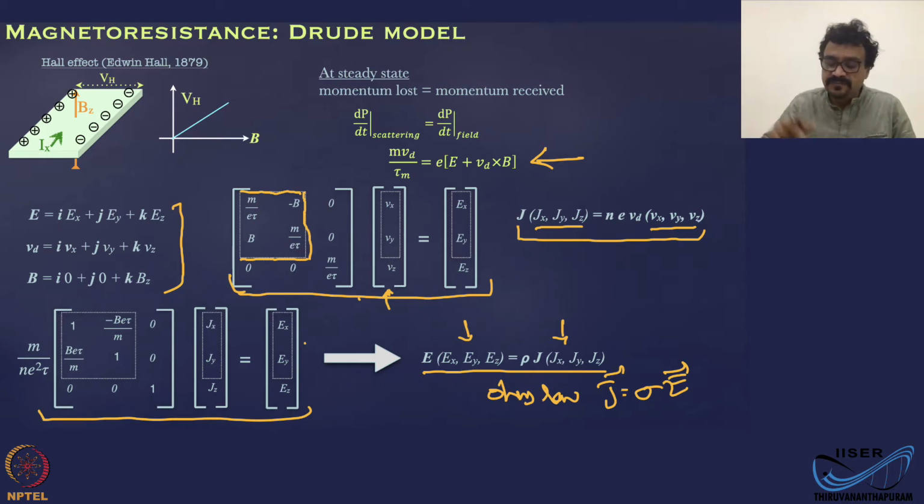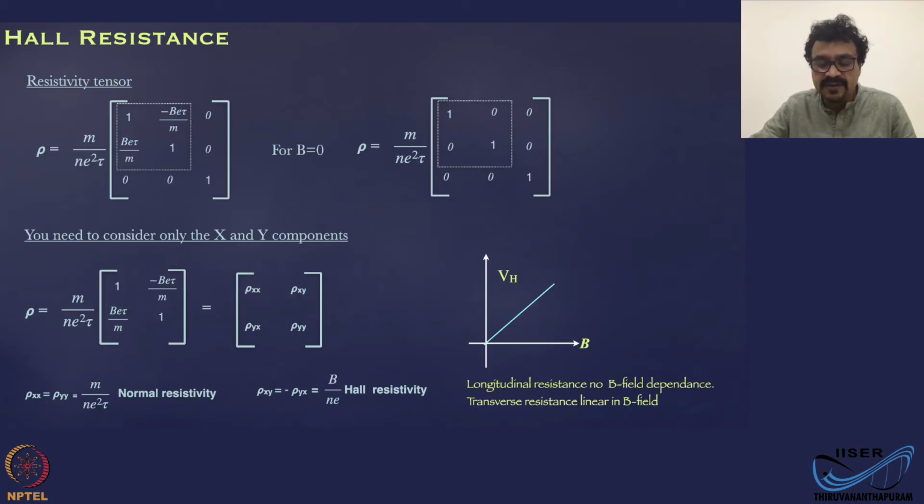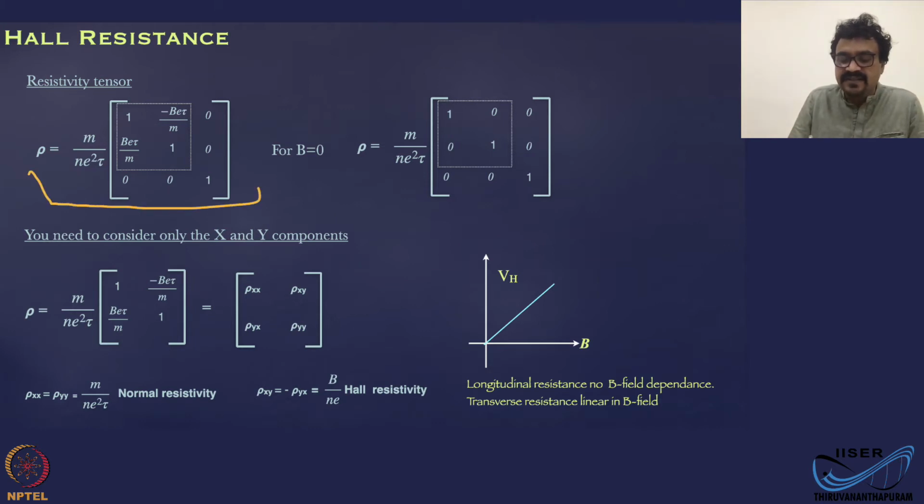So here, what you have now is this rho, the resistivity, as a tensor. It's a resistivity tensor because it has components in all the directions.